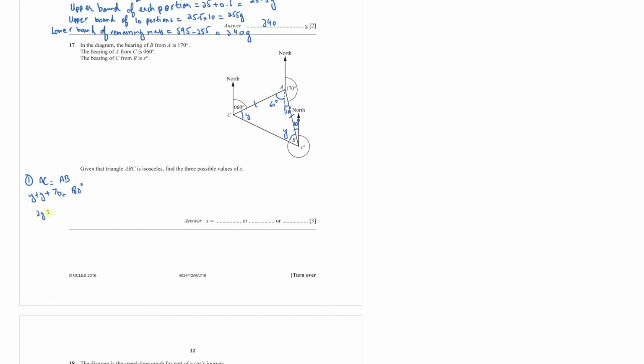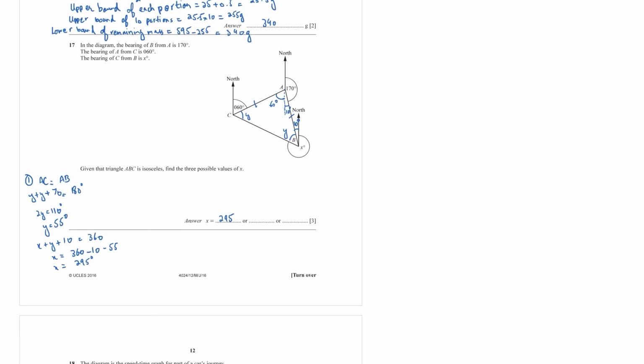So 2y equals 110, and y equals 55 degrees. Then x plus y plus 10 should equal 360, so x would be 360 minus 10 minus 55, which is 295 degrees. So your first possible value of x is 295.